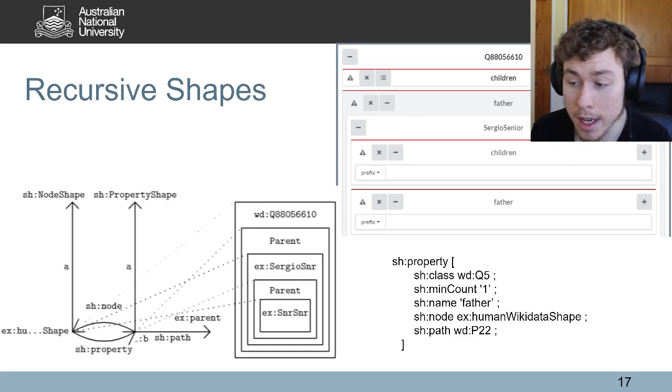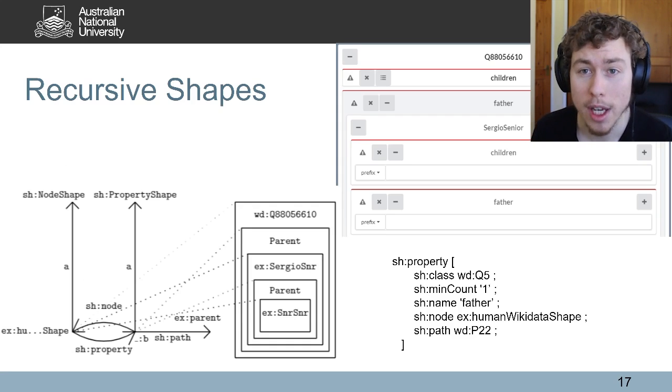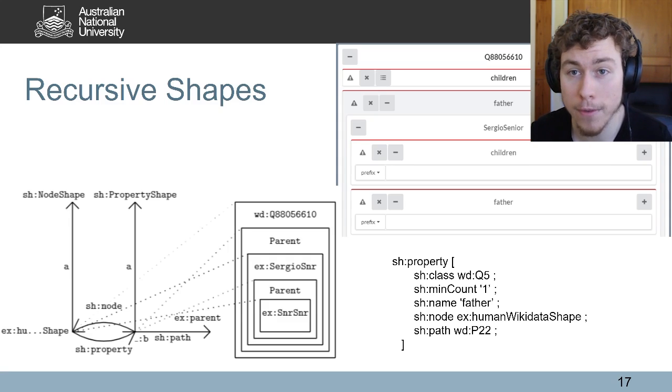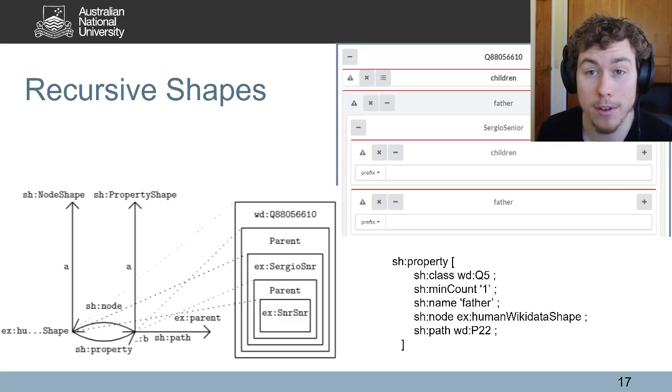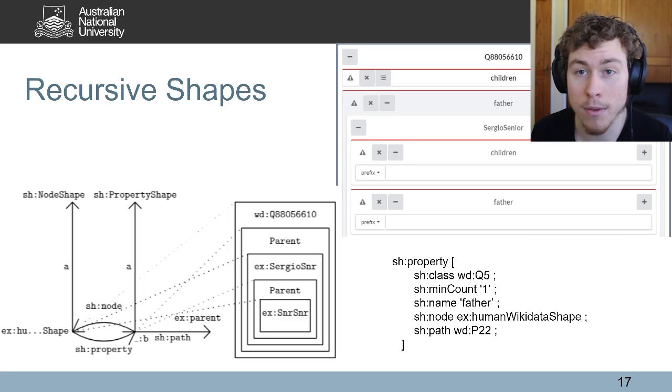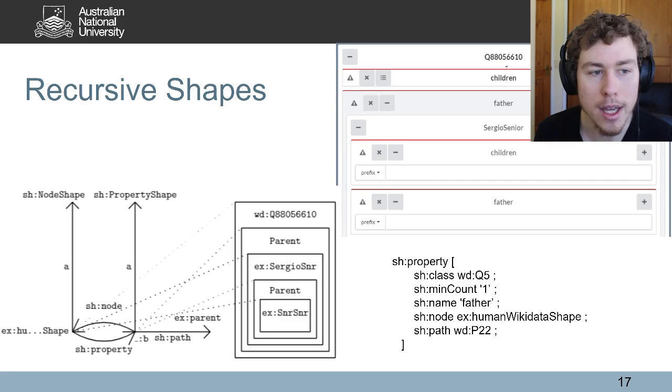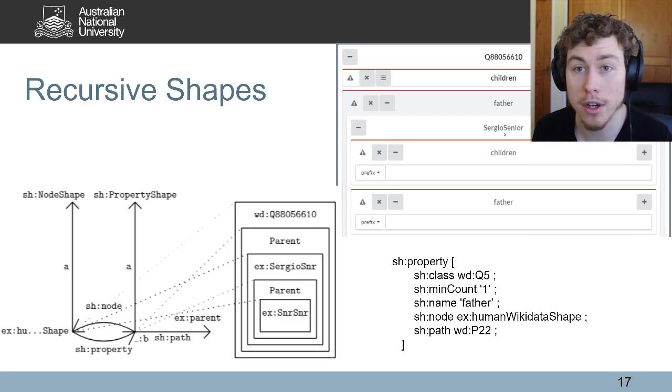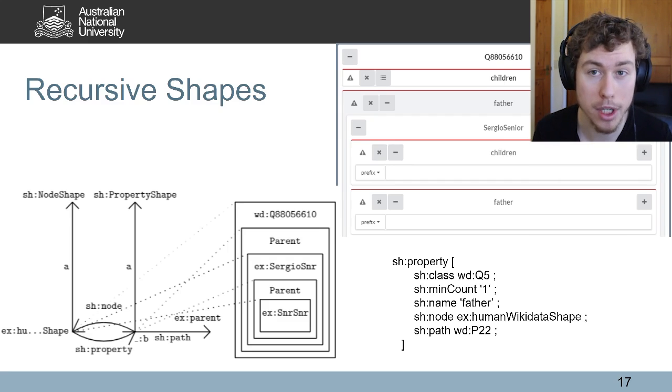It's also worth discussing how we handle recursive shapes, because the validation is actually a little undefined within the SHACL standard, which means there's a few options on how to validate and subsequently a few options on how to generate this form structure. What we choose to do at the moment is, if a nested component has a recursive shape associated to it, for instance, if we are talking about this human here, and they have a father, Sergio Sr., then that Sergio Sr. will also have a human shape associated to it.